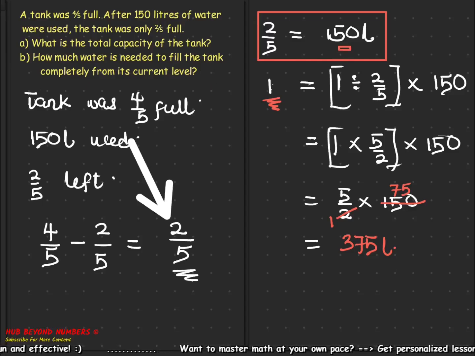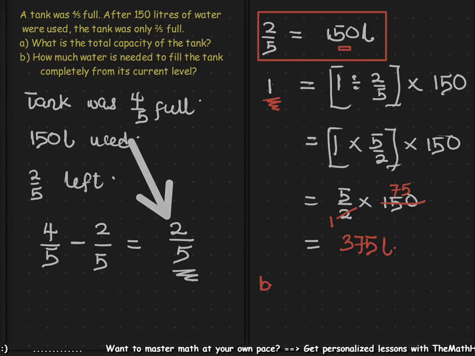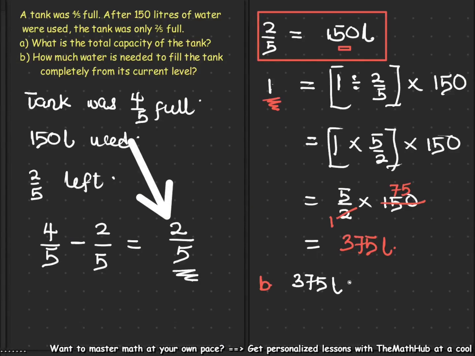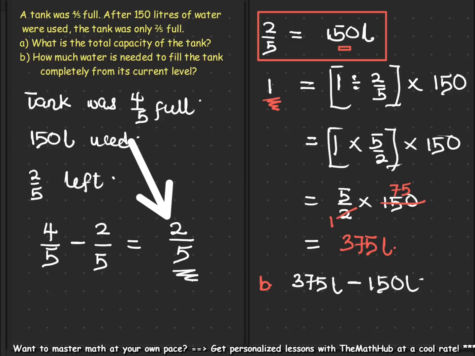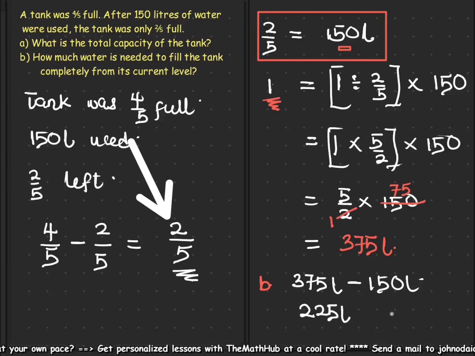So to get the remaining that we need to make it full, the B part is going to be its total when full. That is 375 liters minus its current level, which is 150 liters. So solving for that gives us 225 liters.